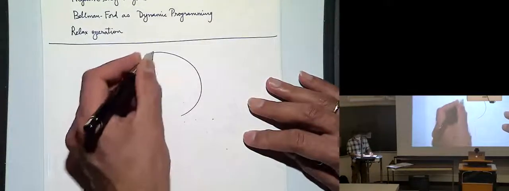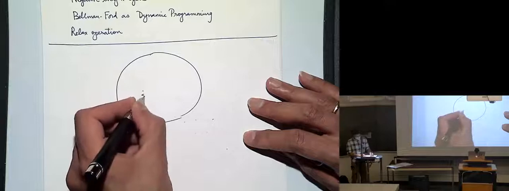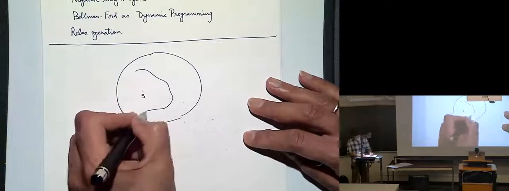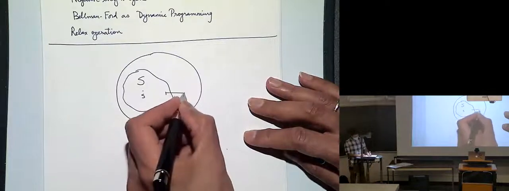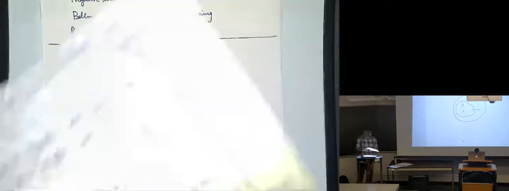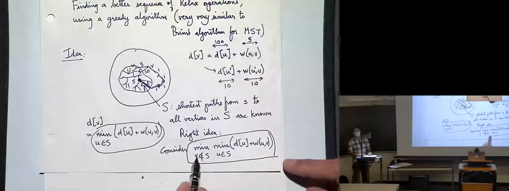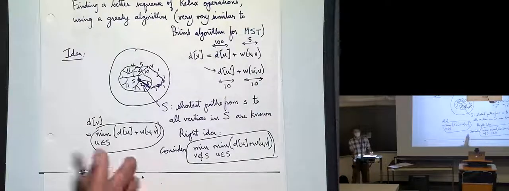So what is your picture? Here's your graph. Here's S, and this is capital S. Let's just say you did this minimization. Let's say you minimize this, and I'm going to just describe the argmin.